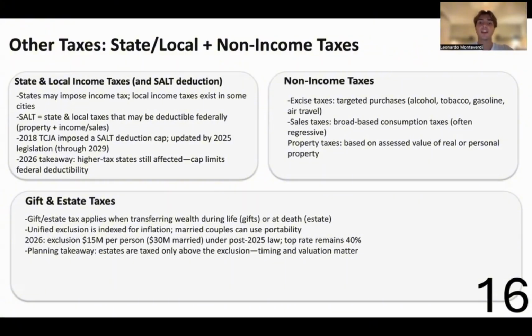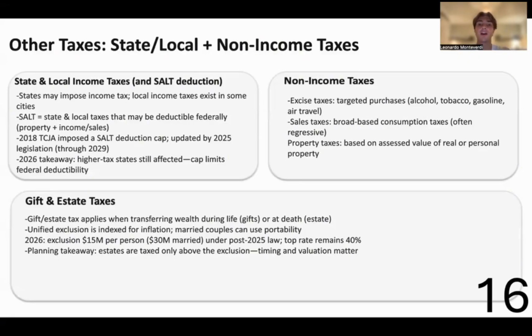But there was a major change highlighted in the reading, which is the cap introduced in 2018. The cap was updated by 2025 tax legislation and continues through the late 2020s. If you live in a high tax state, the federal tax benefit of deducting those taxes can be limited, which affects after tax cost comparisons across states.